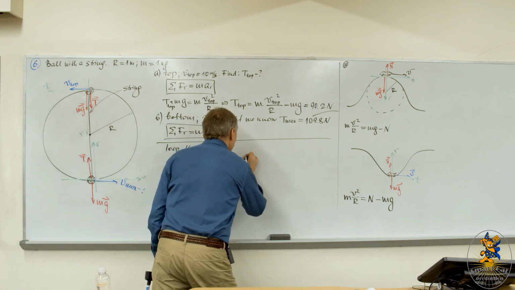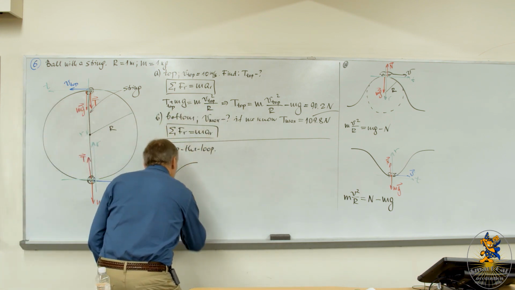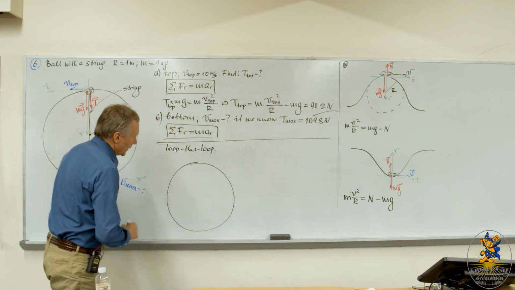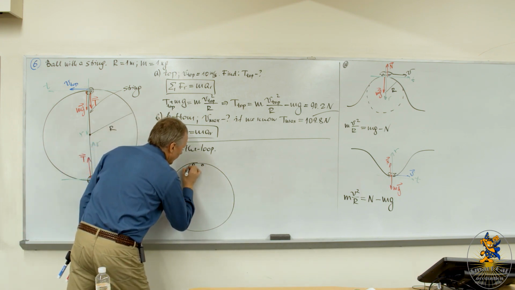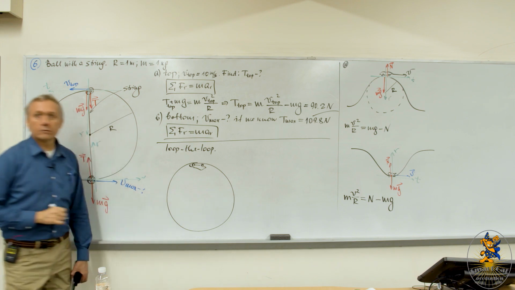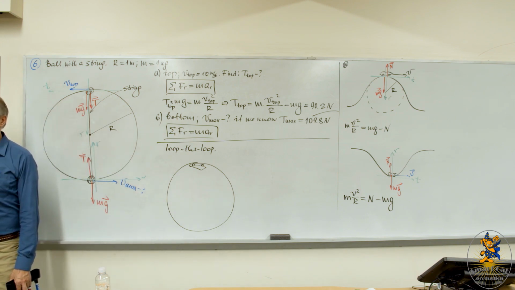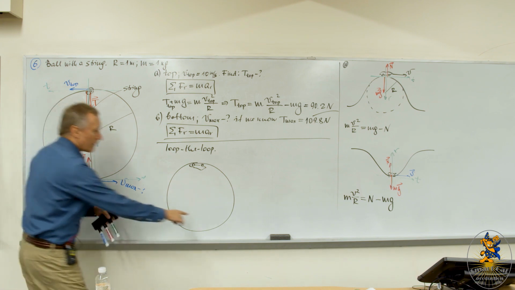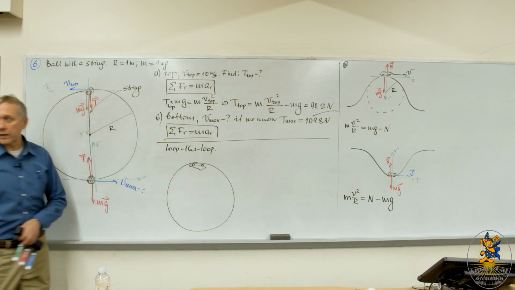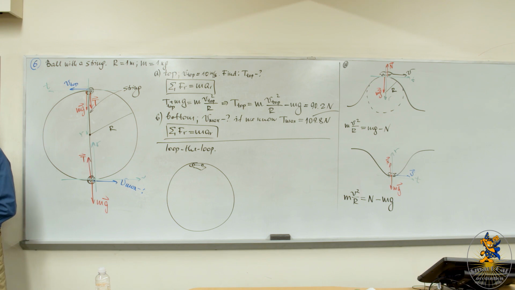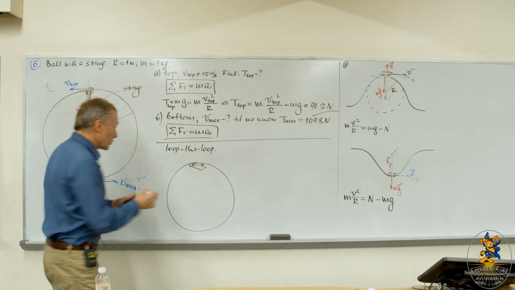So in the loop situation, we have a circle, and a car or whatever object is on the surface but upside down, right? If you provide enough velocity, the object can experience circular motion, but of course you need to provide large enough velocity.